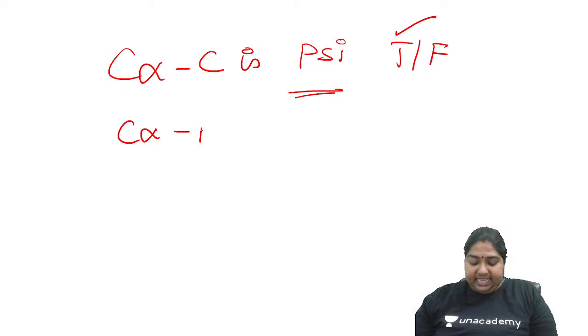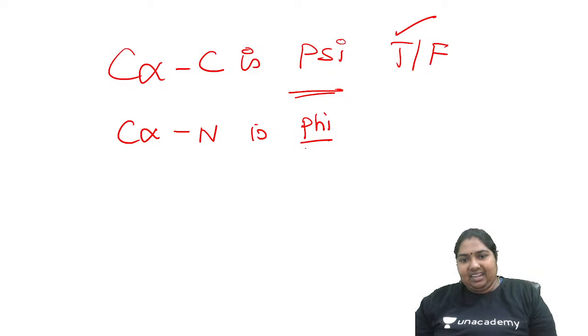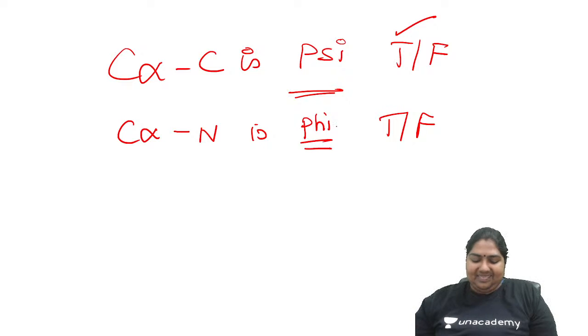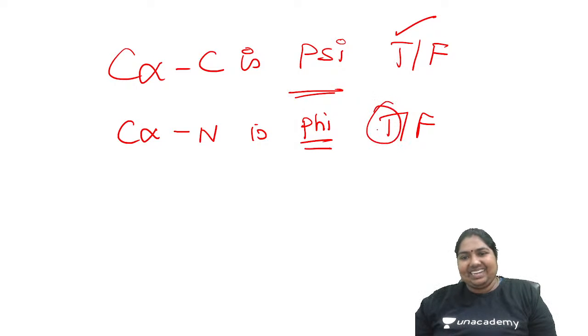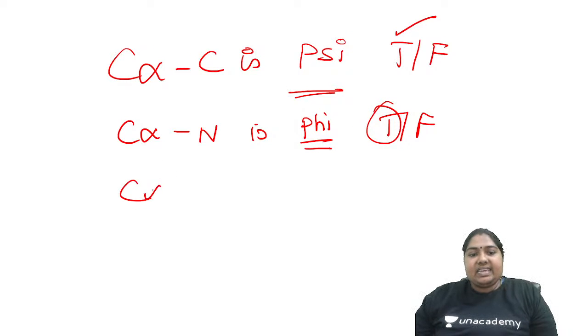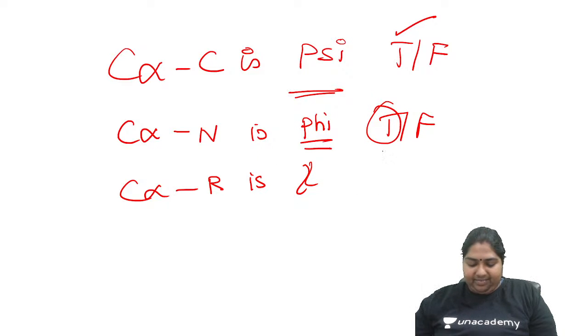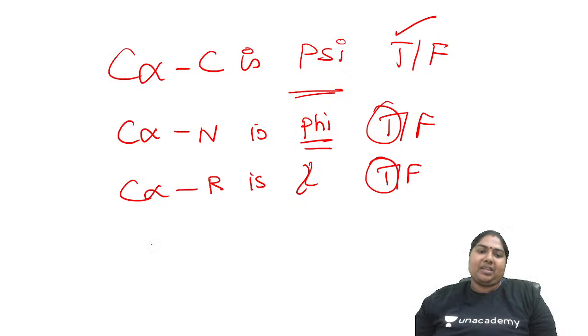C alpha N. Yes, A to G biology. It is going to be the phi angle. Very good. It is also a correct statement. C alpha R. This fellow chi. Okay. Right. C N.